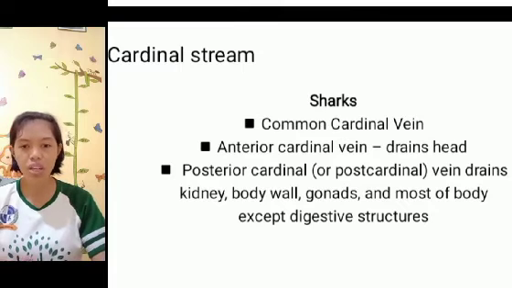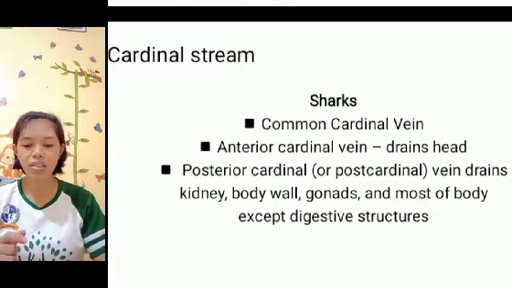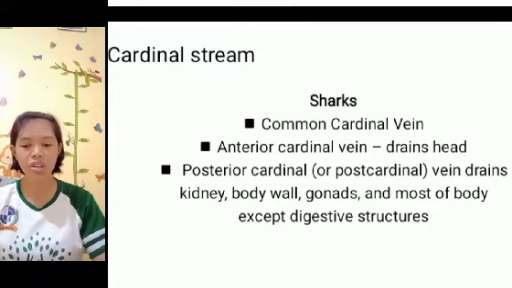While the posterior cardinal, or postcardinal vein, drains the kidney, body wall, gonads, and most of the body except our digestive tract. So the blood from the head region of the shark goes anteriorly into the anterior cardinal vein and then to the sinus venosus, which is located at the bottom of the heart.